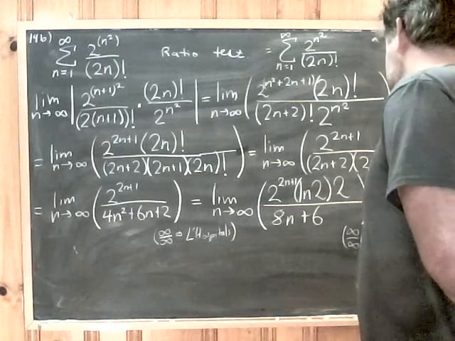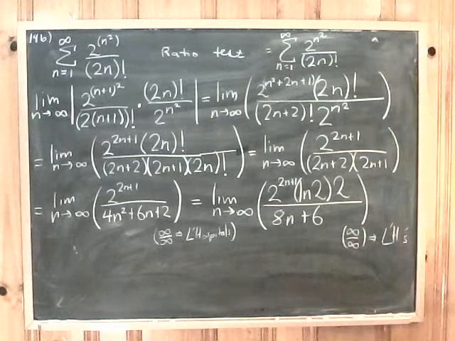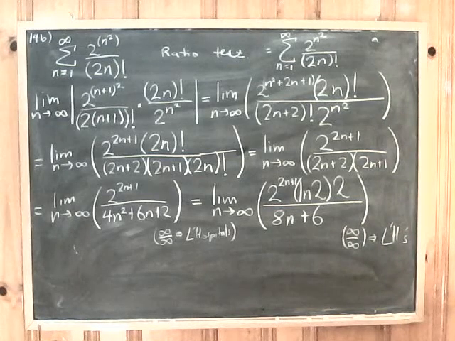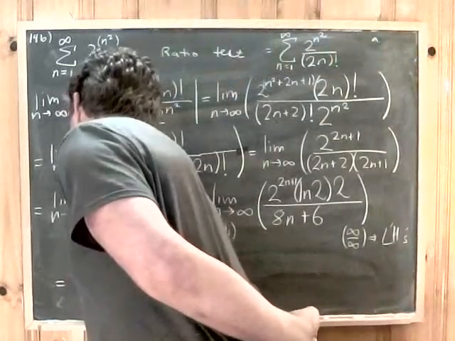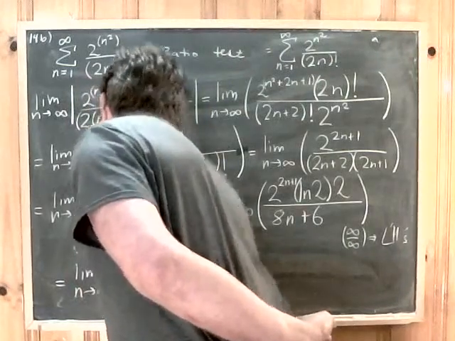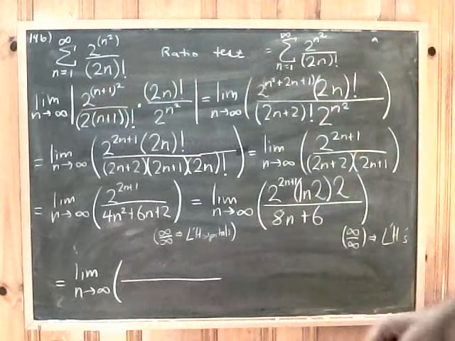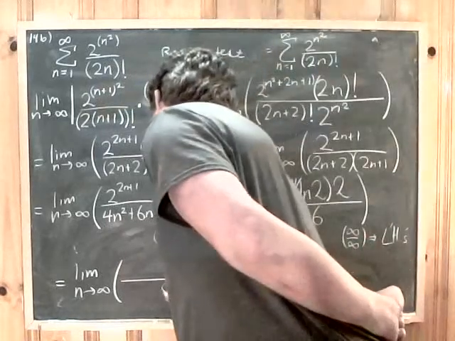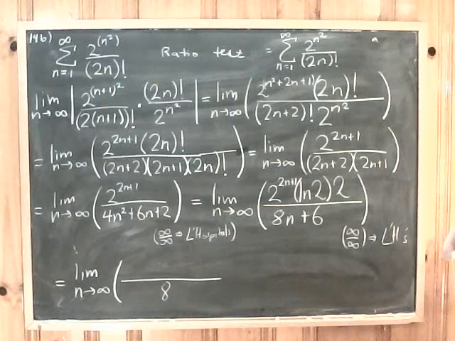Yep. Unfortunately, I'm still getting infinity over infinity. So I need more L'Hopital's. I need to take the derivative on top and bottom again. Again, the bottom derivative is easy. That's just going to be an 8. The top derivative, I have to keep all those constant multipliers, natural log of 2 and 2.